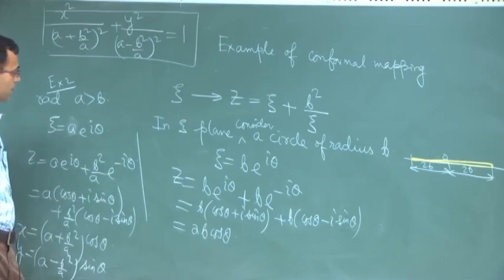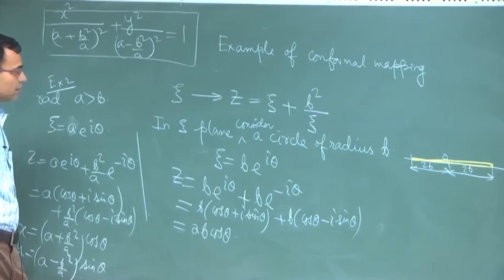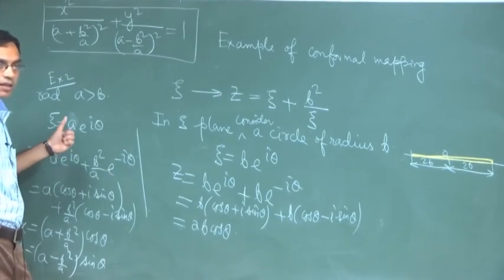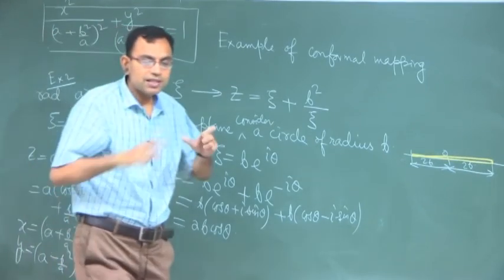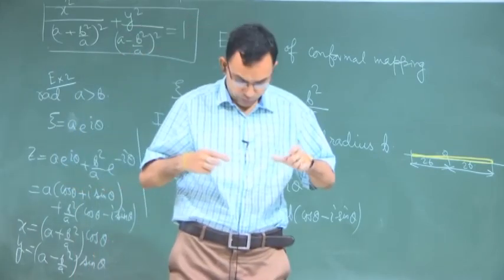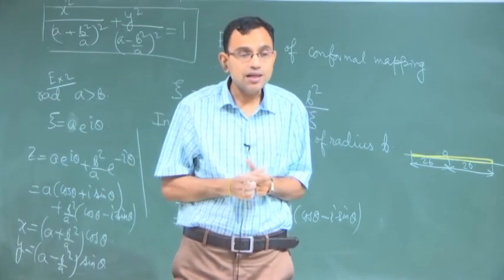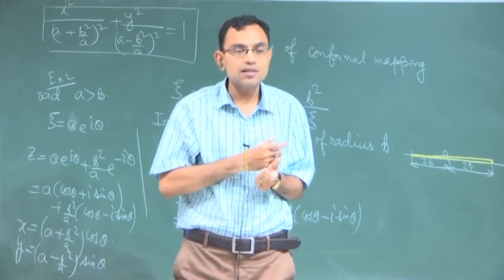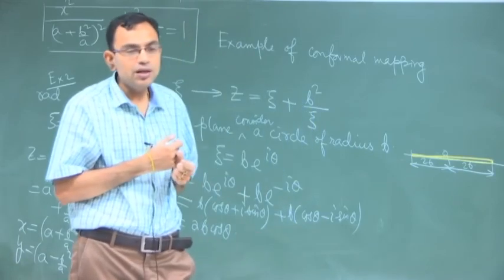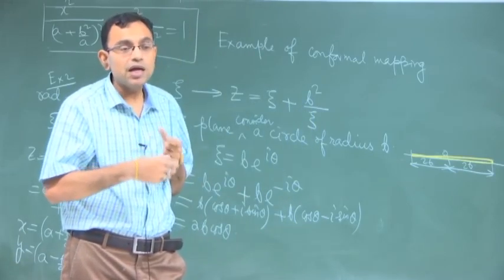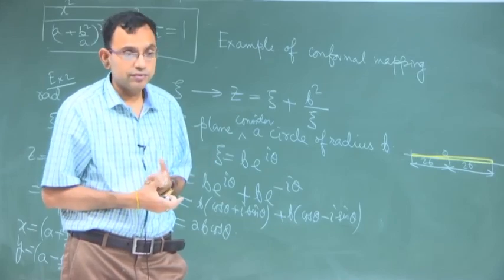By this mapping you can first calculate the flow past a circular cylinder and then apply this conformal mapping to predict the flow behavior past an elliptic cylinder.